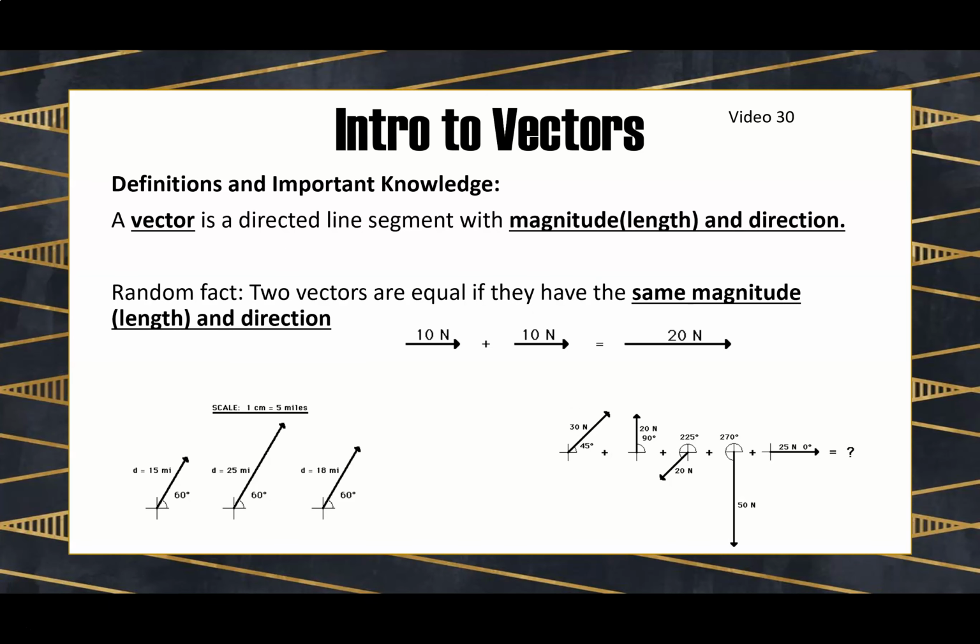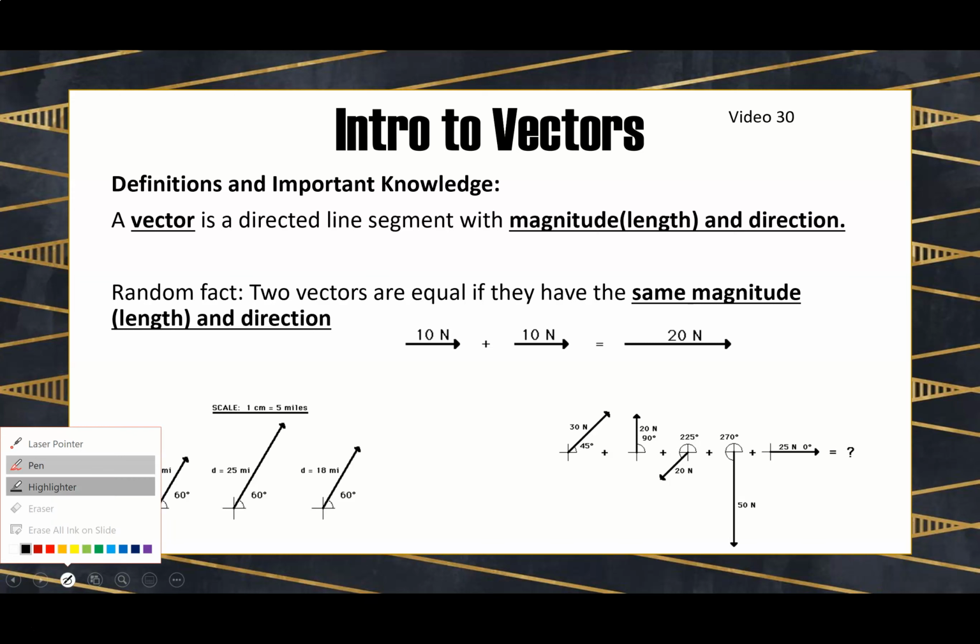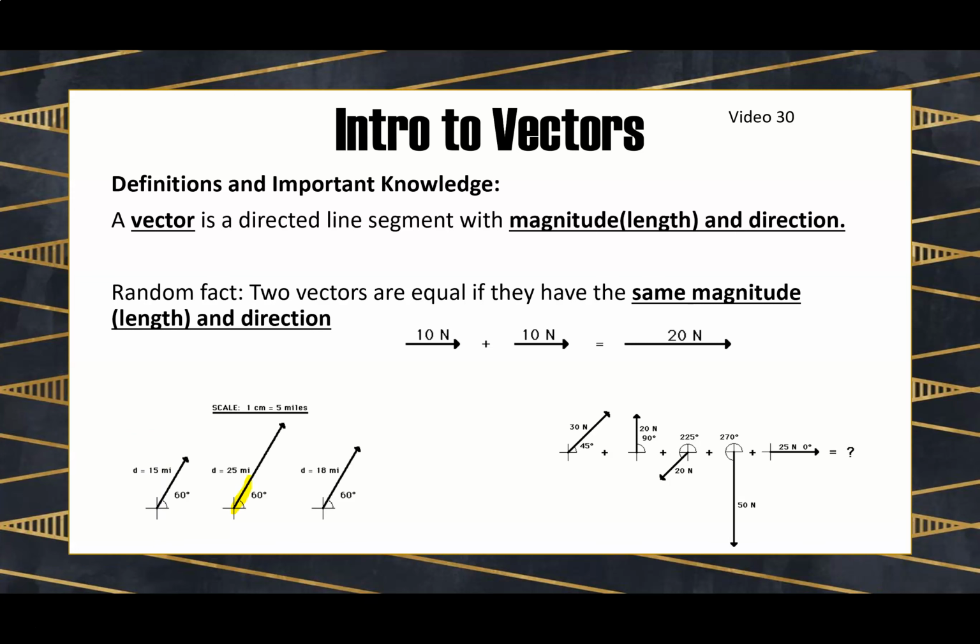All right, let's go into some important definitions and knowledge regarding vectors. So first of all, a vector is a directed line segment with magnitude, which is the same thing as length, and direction. Well, we already covered the direction piece, but the magnitude talks about the length of the line. So for example, if we look at this here, versus this here, which one has a greater magnitude?